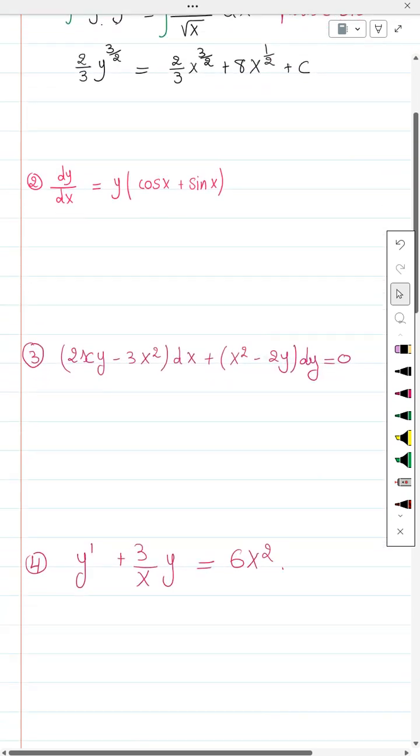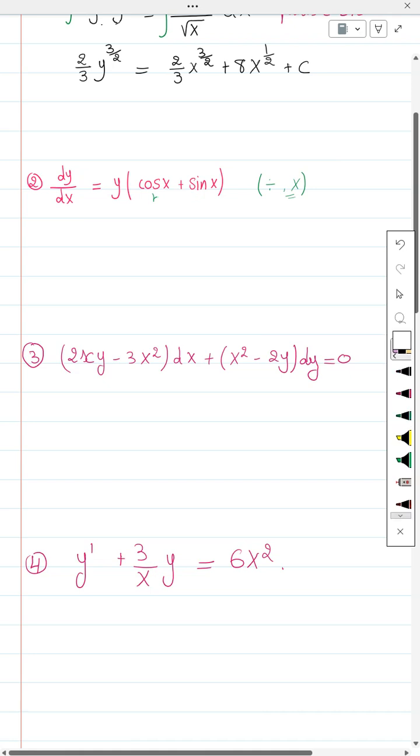So let's see the second example. We have y prime equal to y times cosine x plus sine x. Let's think if it's separable. Yes, it is. In general, in a separable differential equation, we have division and multiplication only, meaning multiplication between x's and y's, not the x's by themselves.